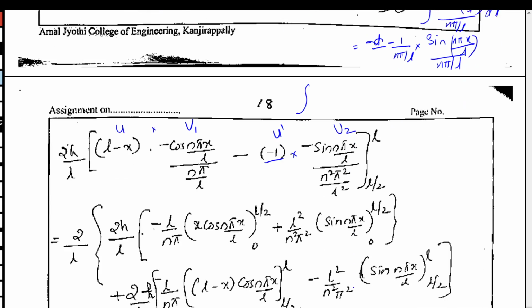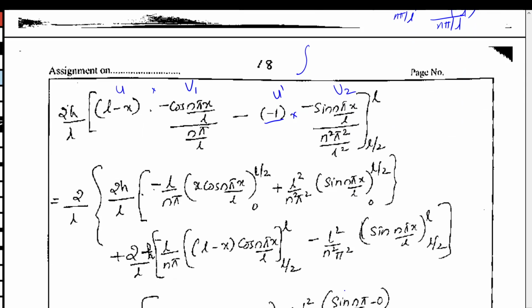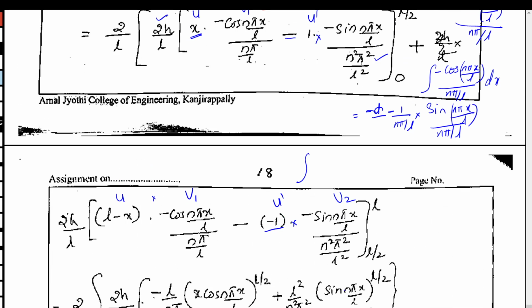Now, let us simplify the terms so that the evaluation is easier. Let us take the constant 2h by L outside. Then minus, and n pi by L has been taken outside, and it will become minus L by n pi into x cos n pi x by L. Limits should vary from 0 to L by 2.